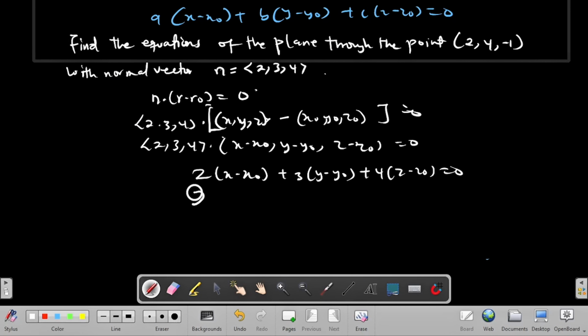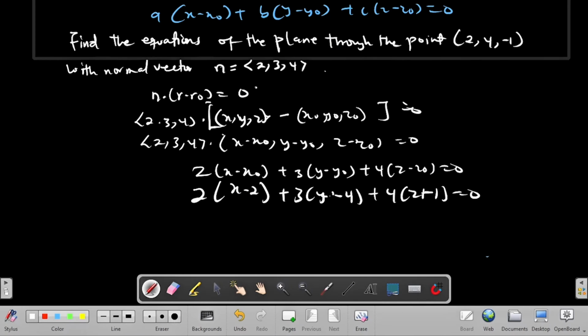But before then, we know that our x naught is given as (2, 4, -1). So my x naught is 2, x minus 2, plus 3, my y naught is 4, y minus 4, plus 4, I have z minus (-1), so plus 1, equals 0.